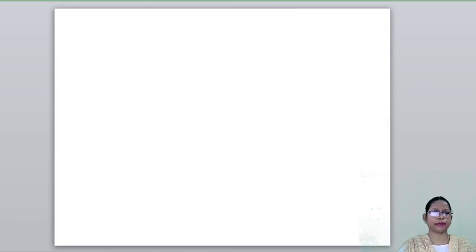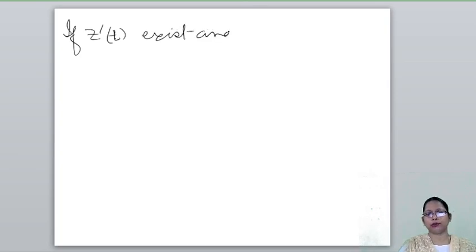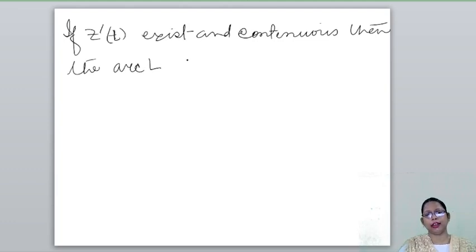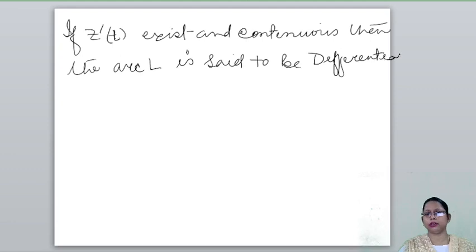If z'(t) exists and is continuous, then the arc L is said to be differentiable or continuously differentiable.